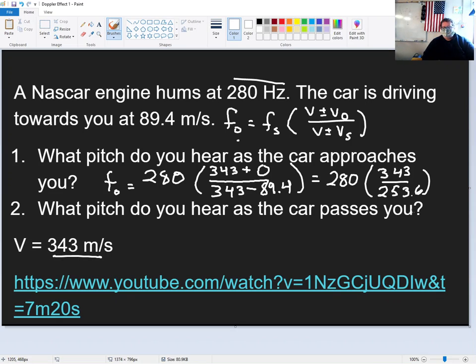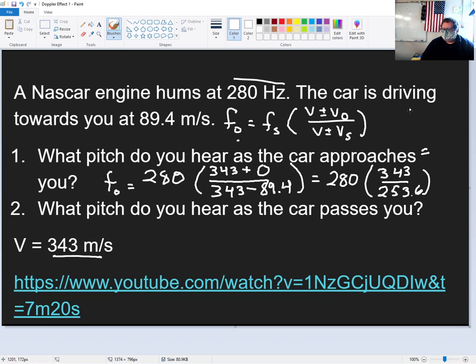Kind of running out of space, so I'm just going to do the rest here. I take 343 divided by 253.6, and I got about 1.35, and I'm going to multiply that by 280.